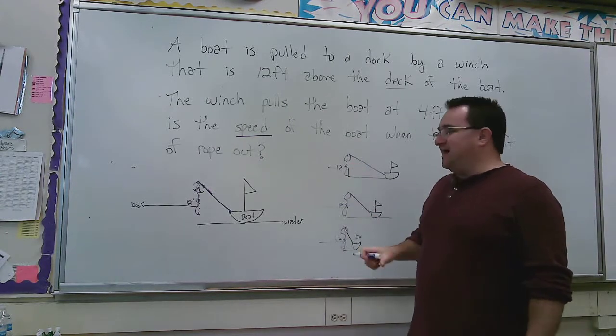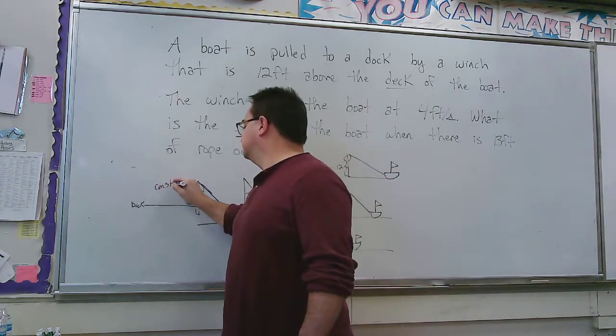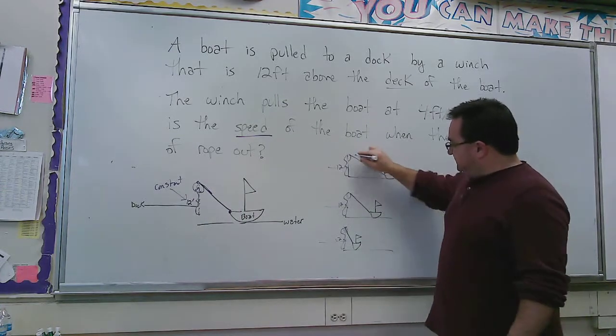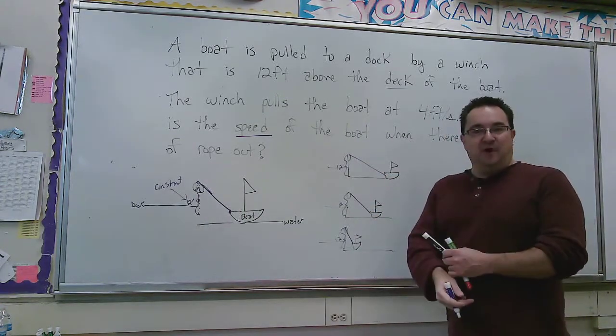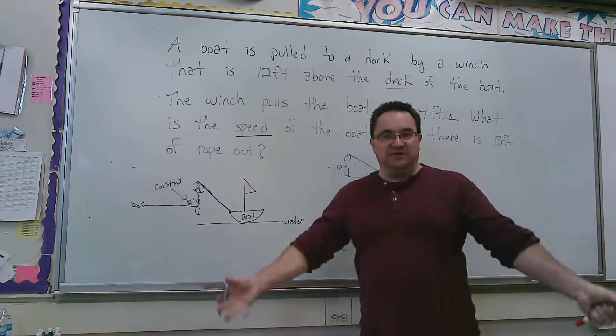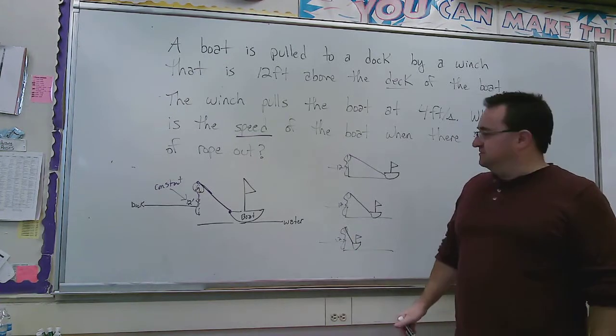That 12 is not changing, which means it is constant. This distance right here is getting smaller. That's changing, that's varying, that's a variable. So we need a variable to attach to that distance.